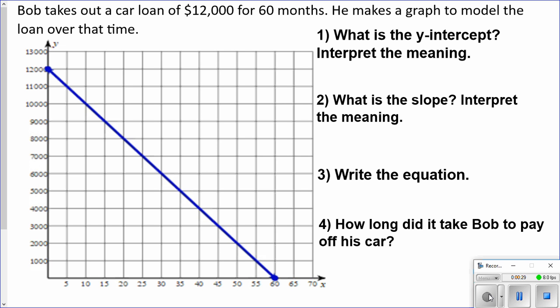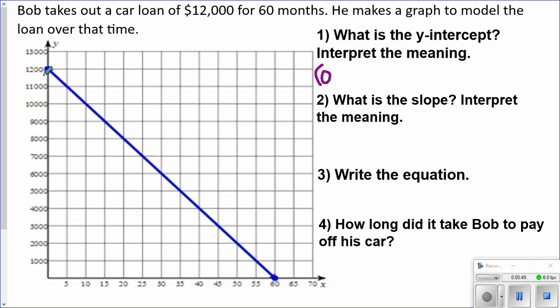So what I would like you to do is pause the video and try your best to go ahead and answer these 4 questions, please. Number 1 says, what is the y-intercept? Interpret the meaning. So the y-intercept is where our graph crosses our y-axis.